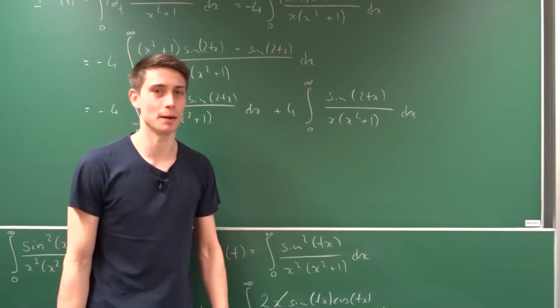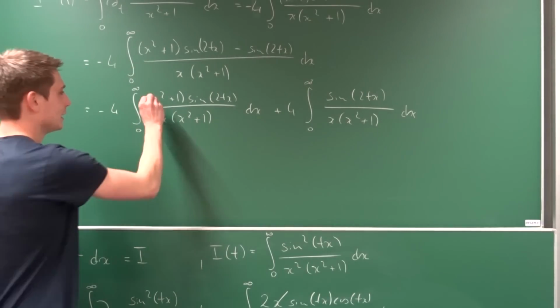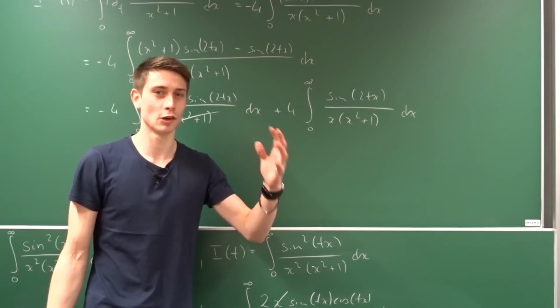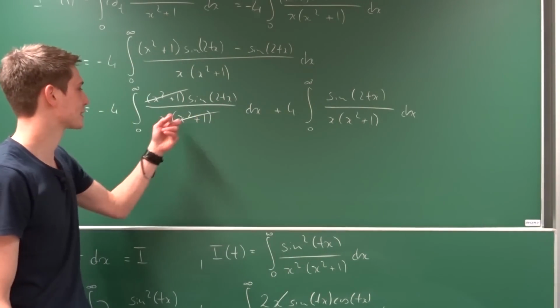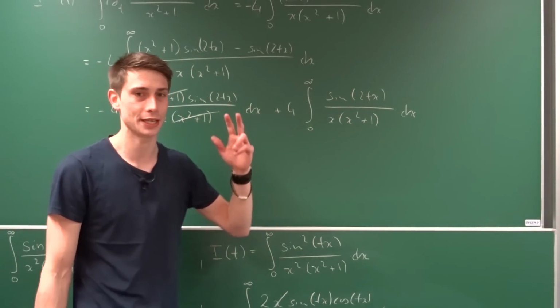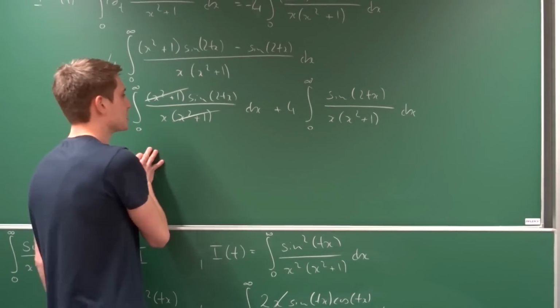And by God, my boys, this is looking absolutely amazing, because this and that cancel out, and this thing is just following me around all day long. This right here is the Dirichlet integral, and we know what it will evaluate to. I already calculated it 3 times, and we have the upper and lower bound from 0 to infinity.